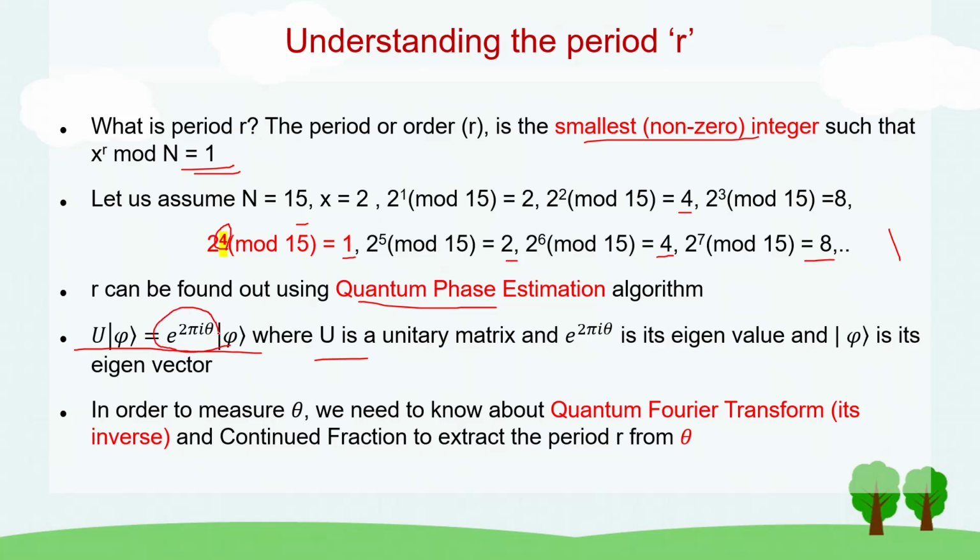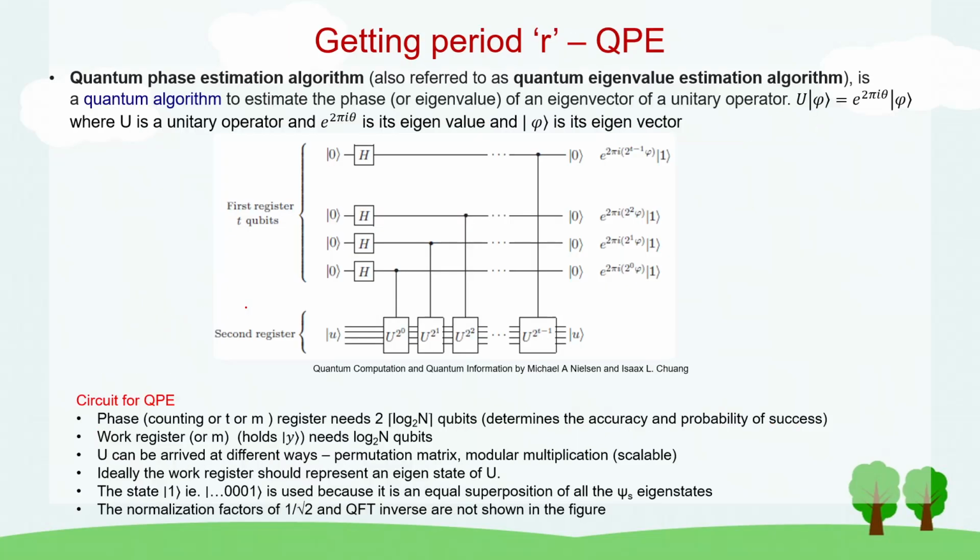I'll be able to get this value, and from here I will get this one, and this will give me R. That is the advantage of QPE. So how does it look? The QPE circuit. This is a standard circuit.